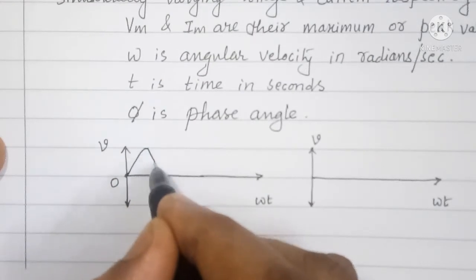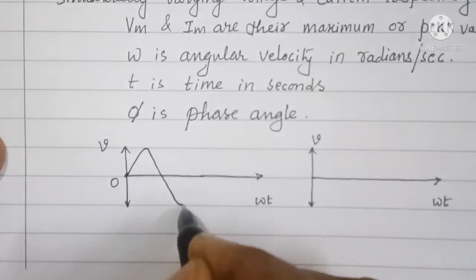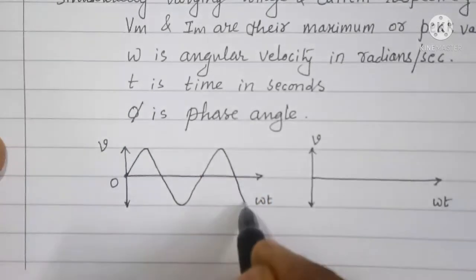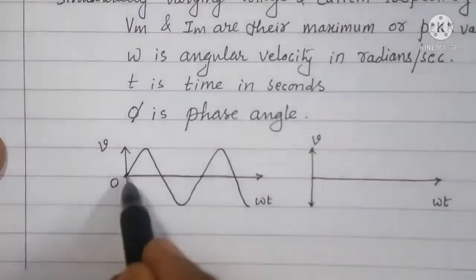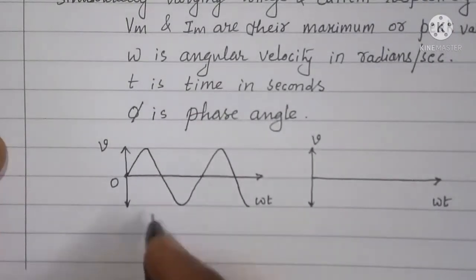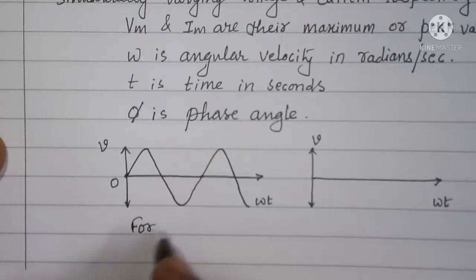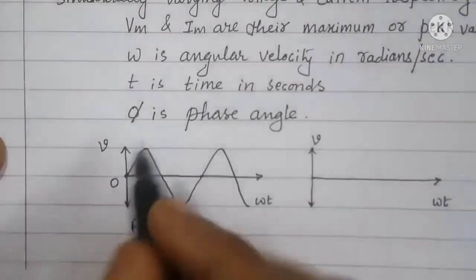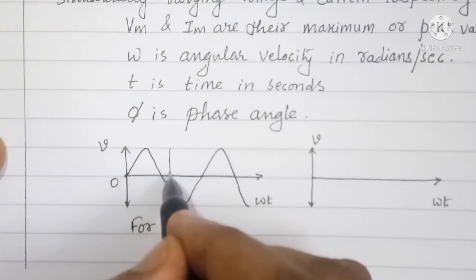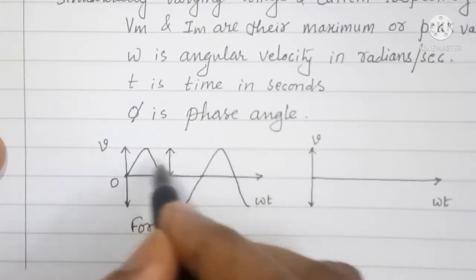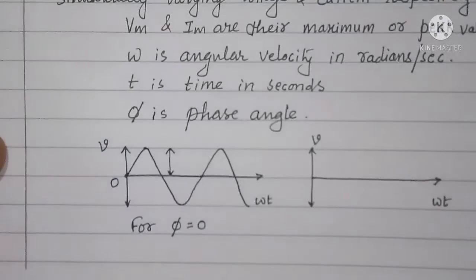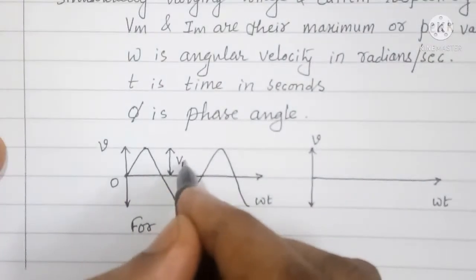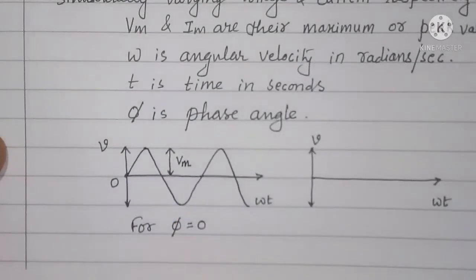For phi equal to 0, the voltage waveform will start at 0 time. This is for phi equal to 0. Maximum value of instantaneous voltage attained is what we call as Vm.